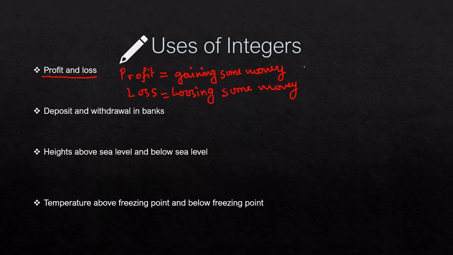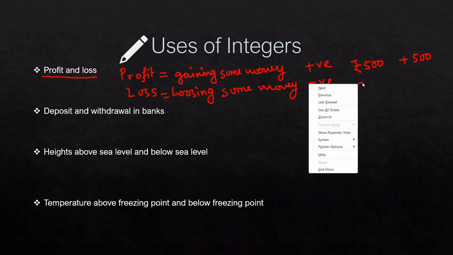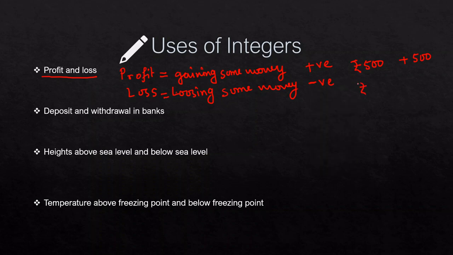So profit should always be positive, and if we take profit as positive, the opposite, loss, should be negative. Like if I have got rupees 500 as my profit, it will be plus 500, whereas if I lost rupees 200, then my loss will be minus 200.